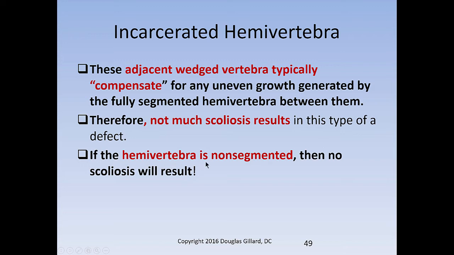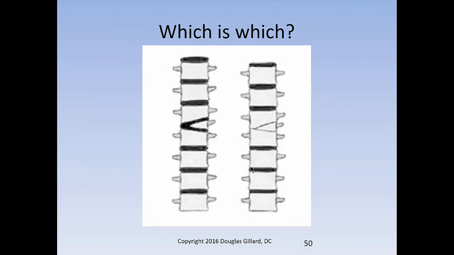If the hemivertebra is non-segmented, then no scoliosis. So you could have an incarcerated non-segmented hemivertebra as well, and that will not grow. Here's a picture. Sometimes it's best to understand this. So this is the typical scenario, although again, remember it's rare.